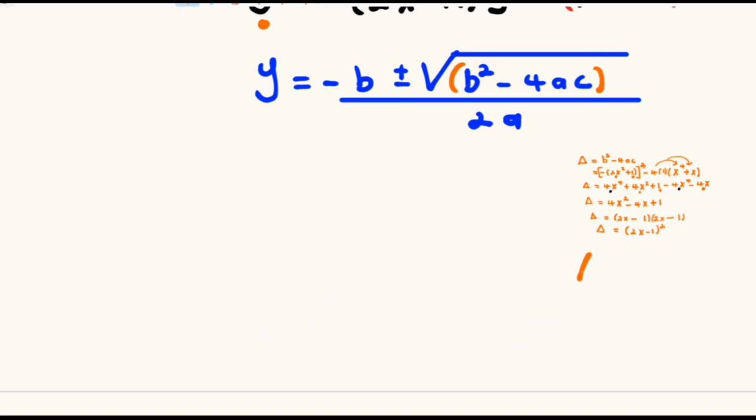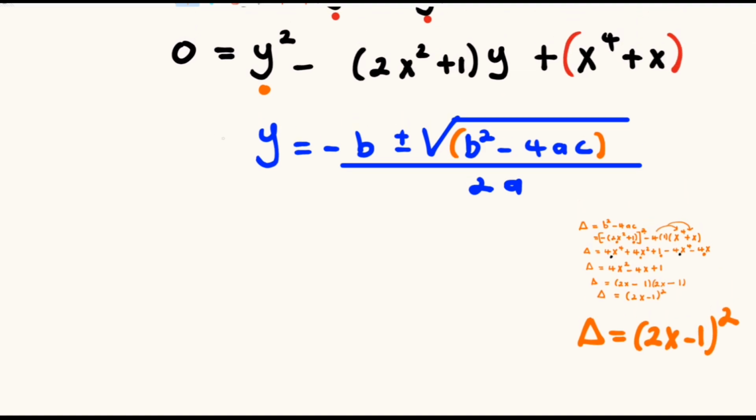Let's make it plain that our discriminant is equal to (2x minus 1) squared. We can go right ahead and substitute the rest of the terms inside this quadratic formula.